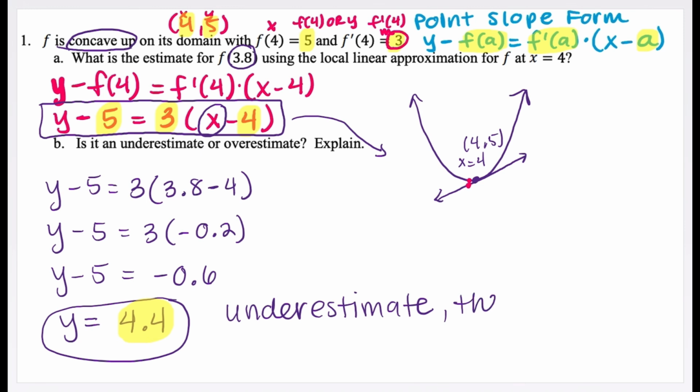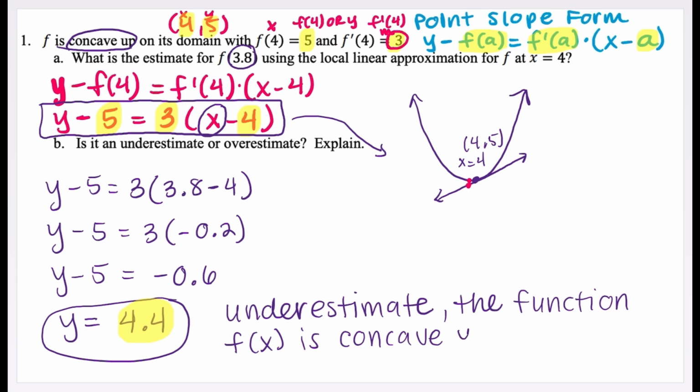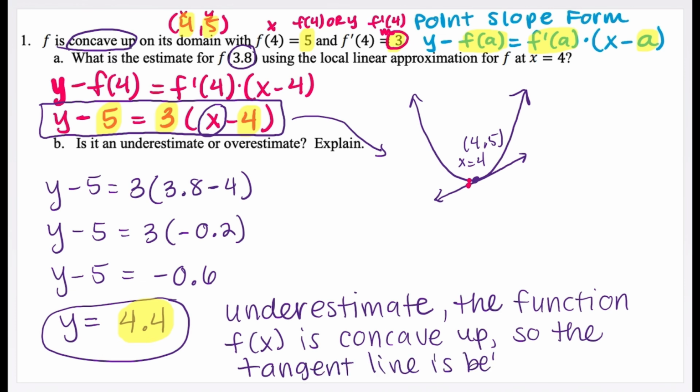So the function f of x is concave up, so the tangent line is below the graph. So that's the description there of why that is so.